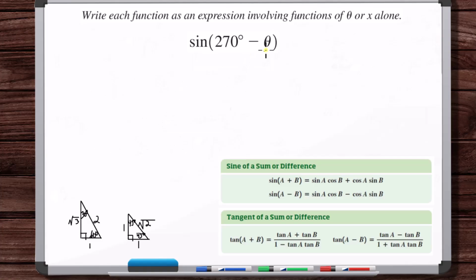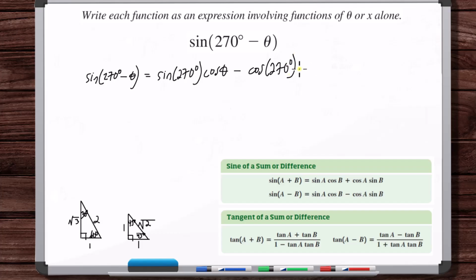Okay, so here we can use just once again the difference formula for sine. So we'll have sine of 270 cosine theta minus cosine 270 sine theta. All right, now what is 270?